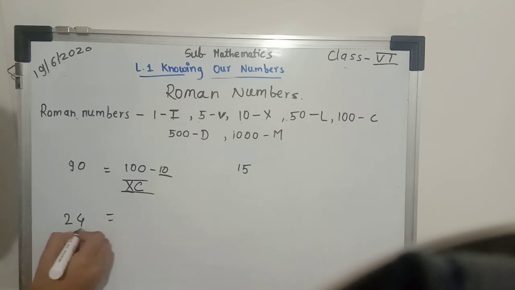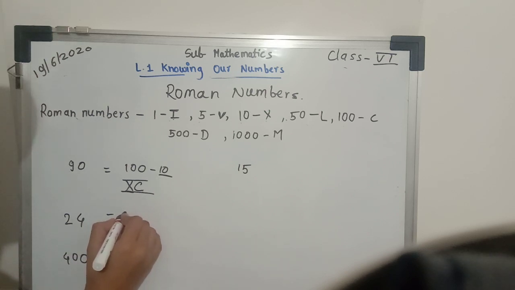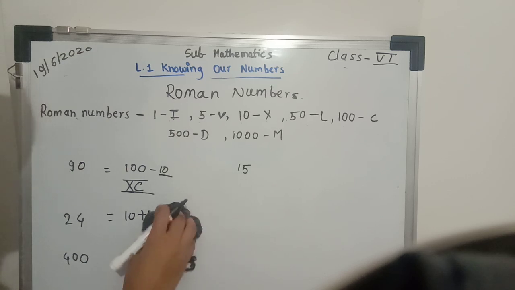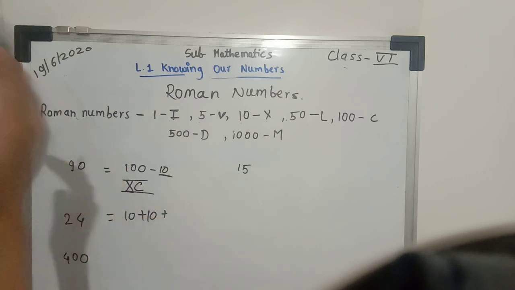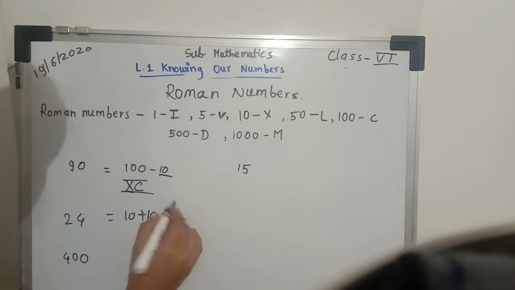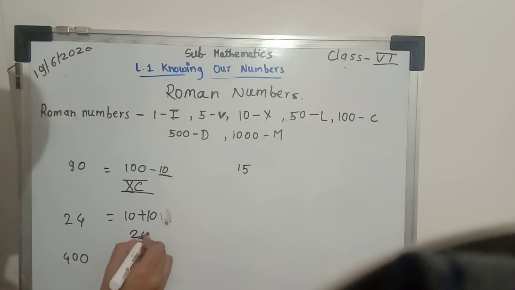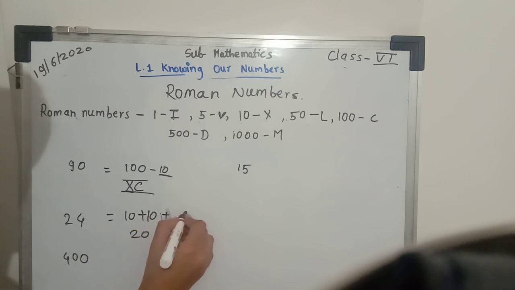Okay, now here 20 and 4. So here 20 means 10 plus 10, and for 4 we know it is 5 minus 1. What is the Roman number for 5?